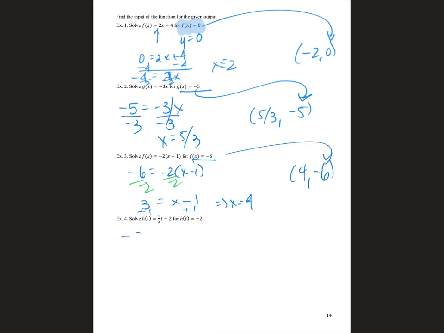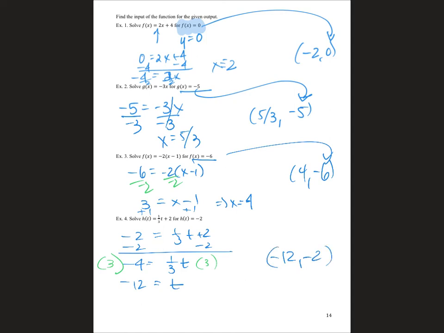And last but not least, the right-hand side is where I'm going to solve for t. Now I need to solve for t. So what am I going to multiply both sides by? 3. And so that gives me -12 equals t. So when my input is -12, my output is -2.